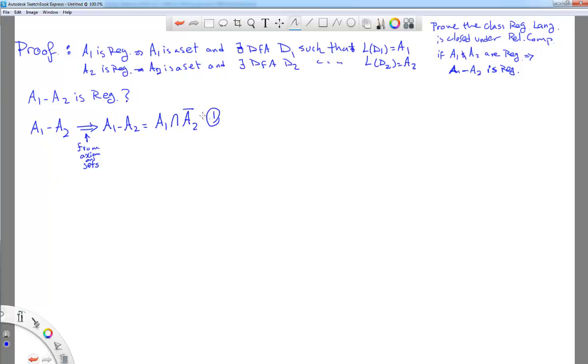Okay, so this is item number 1. I know that if A sub 2 is regular, then A sub 2 complement is regular. Let's call this number 2. I know that if some, let's say, B and C are regular, then their intersection is regular.